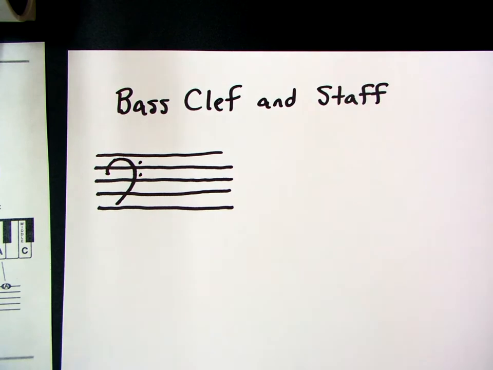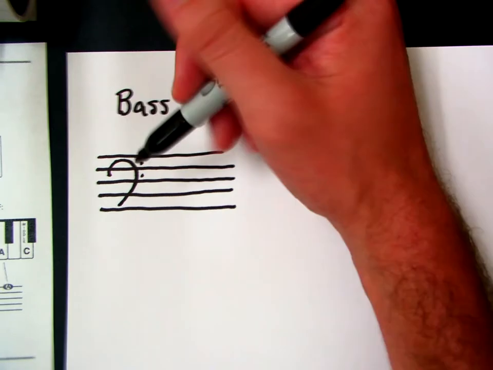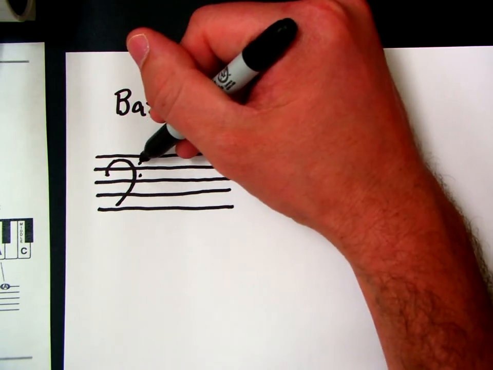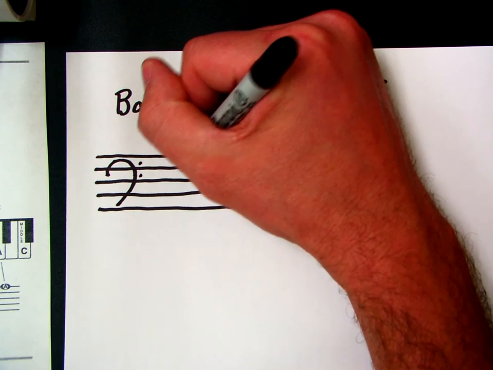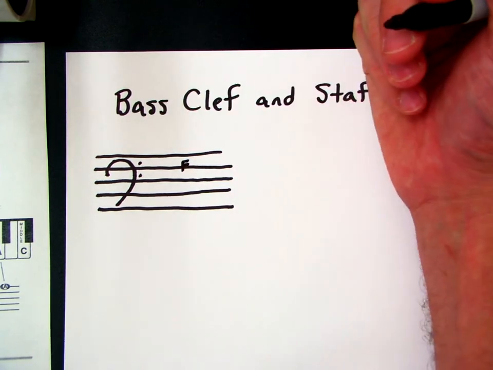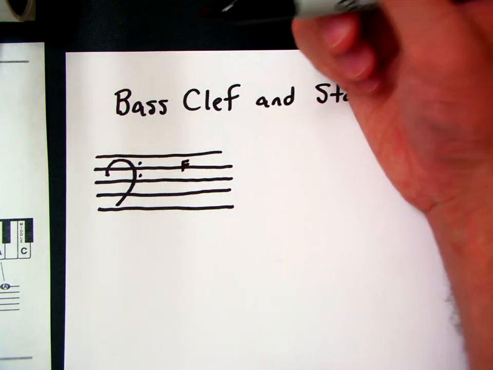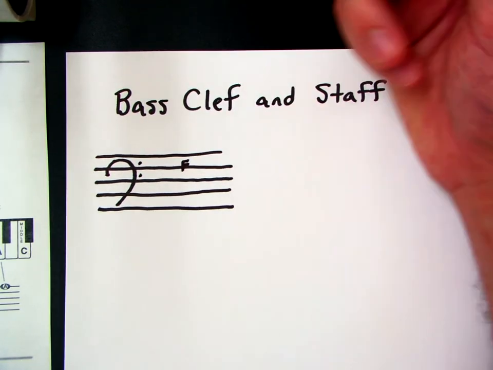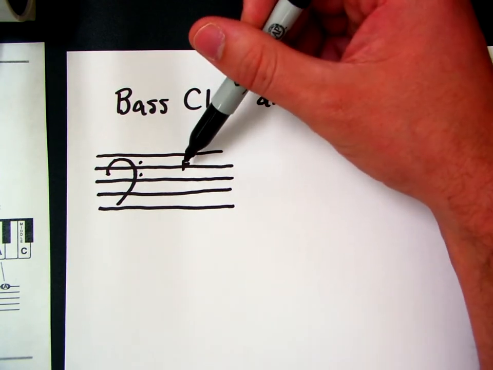Now just like the treble clef gave us the hint about a certain note, the bass clef also gives us a hint about a certain note too. There's a line that happens between each of the 2 dots. This line is always going to be called F. Alright, this line is F whenever we're using a bass clef. Now don't be confused, refer back to that video if you need it, but when we're talking treble clef, remember line number 4 is not an F, it's something else.